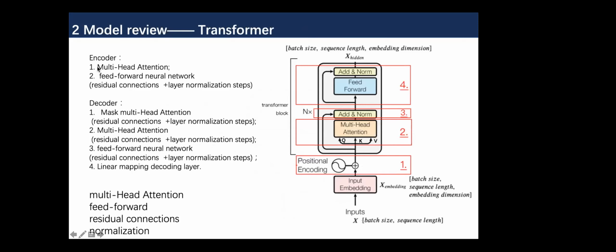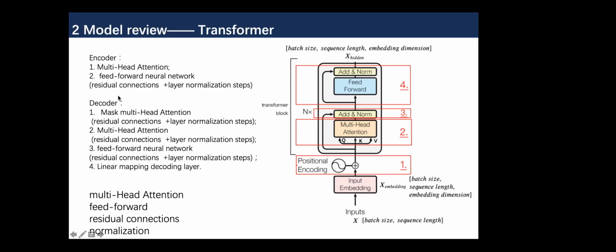In the encoder, we have multi-head attention, a feed-forward neural network, residual connections and layer normalization steps. In the decoder, we also have two multi-head attention layers, a feed-forward neural network, and one more linear mapping. On the right-hand side is a transformer block.